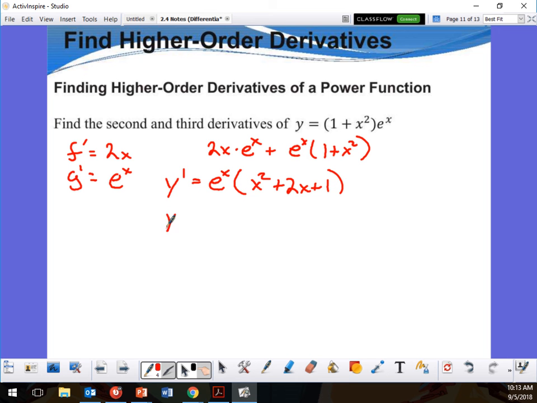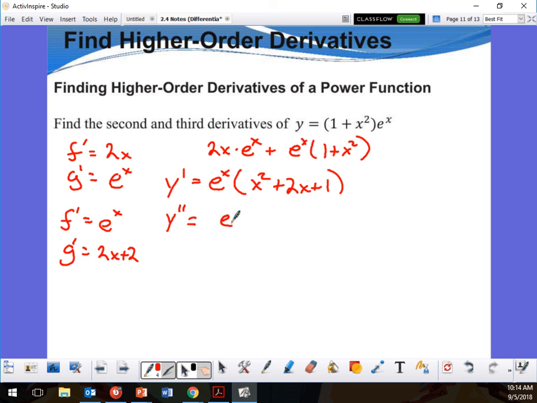Second derivative. So it's again product rule, right? So this time my f prime would be e to the x. g prime would be 2x plus 2, right?